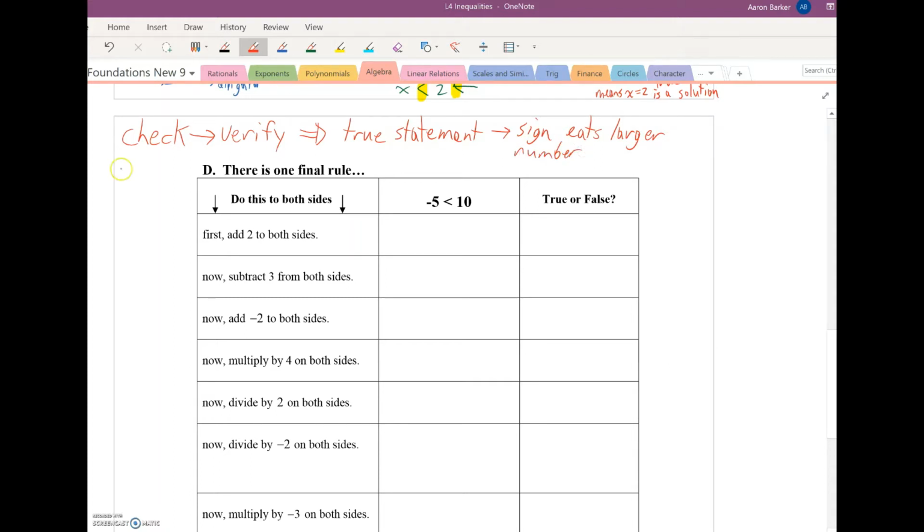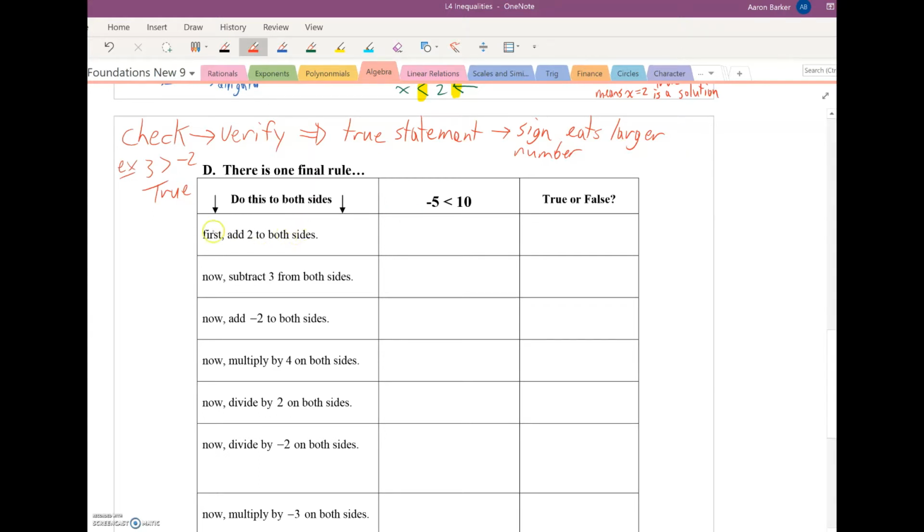So for example, something like 3 greater than -2, that's true because the sign's eating 3, which is greater than -2. The sign's very hungry, always eats the larger number. As we look at these rules, we're going to check to see what makes things true and what makes things not true.